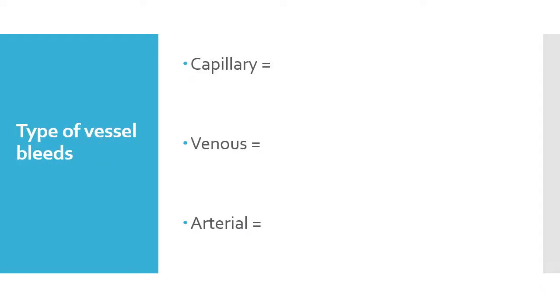There are 3 different types of vessels that they can be bleeding from. You have capillary. If they are bleeding capillary, it's going to be slow, generally oozing blood. And you have venous. Venous, it bubbles out quickly and it's dark in color. Arterial is bright and it spurts with each heartbeat.